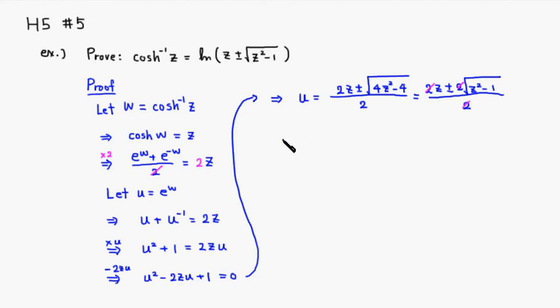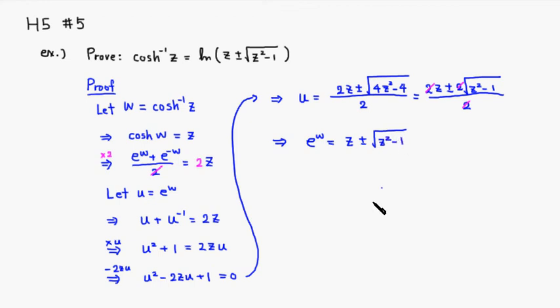And u is a substitution for e to the w, so I'm going to put e to the w here. All the 2's are gone, so what's left is z plus or minus the square root of z squared minus 1.